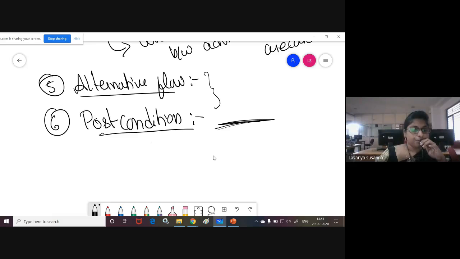Precondition means before the use case starts, if there is some condition to be met. Post condition means after the use case is done, if there is some condition to be met, that condition you need to write. Is it clear, students?